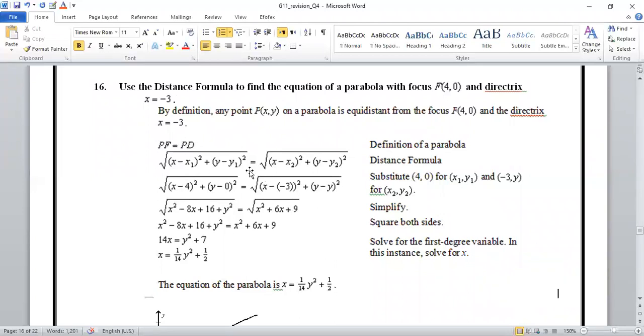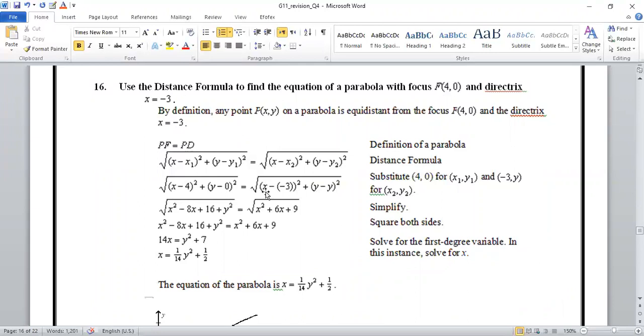By using the distance formula, PF, the distance between P and F, is the square root of (x minus 4) all squared plus (y minus 0) all squared, equal to the distance between this point and the directrix. We know that x minus the directrix, take any point on this directrix, say (-3, y).